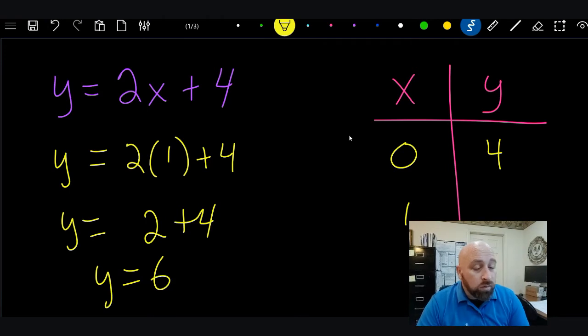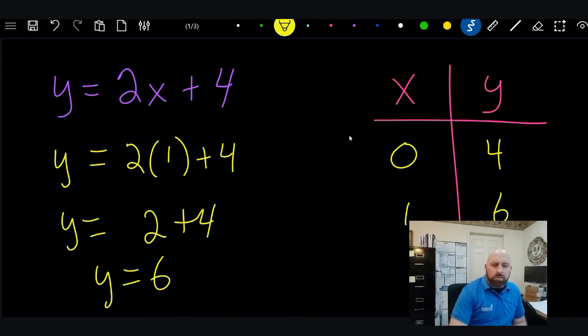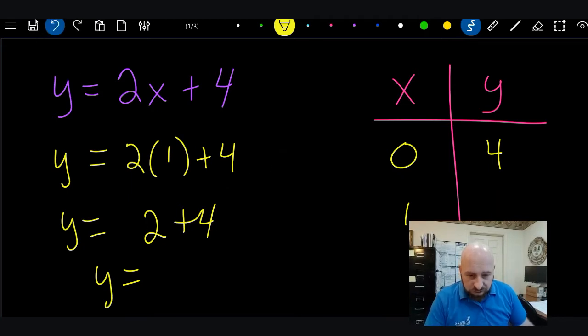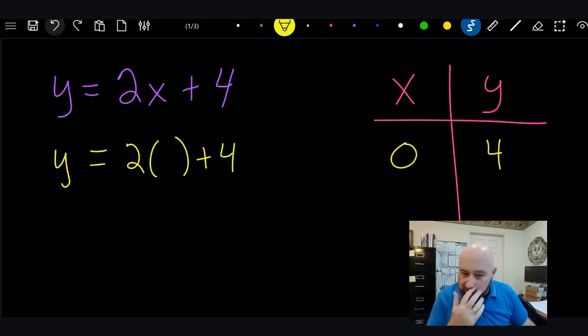When x equals 1, y equals 6. Now, 6 is starting to get kind of big, not really, but if we go to a 2, what's going to happen there? You can try it and just kind of test it out.